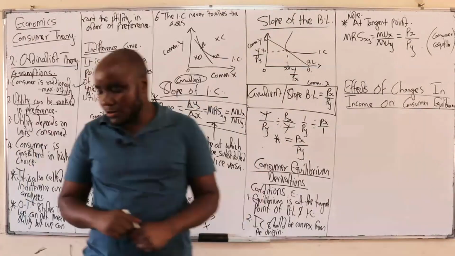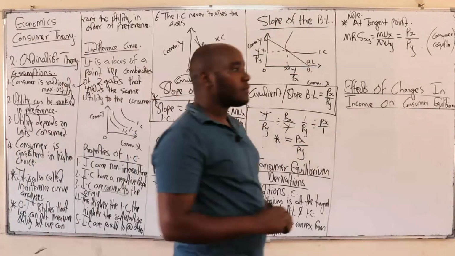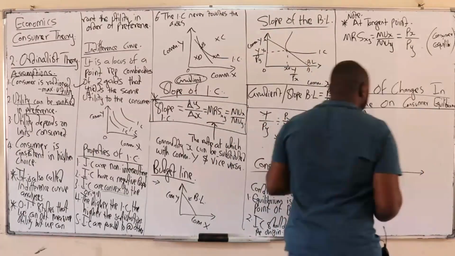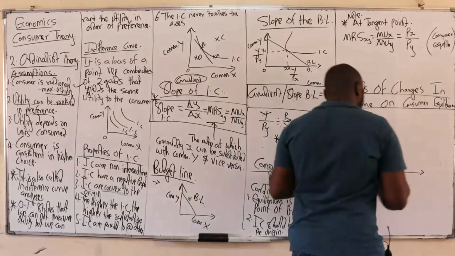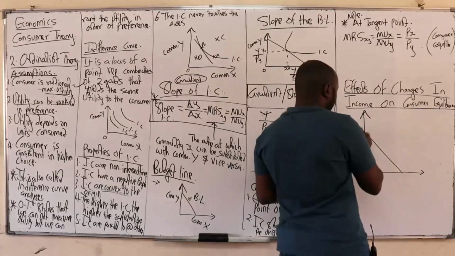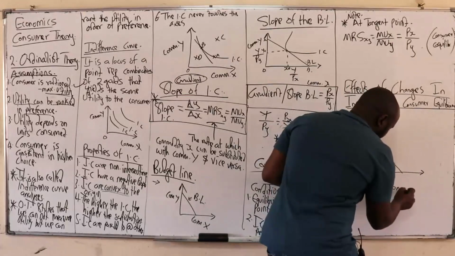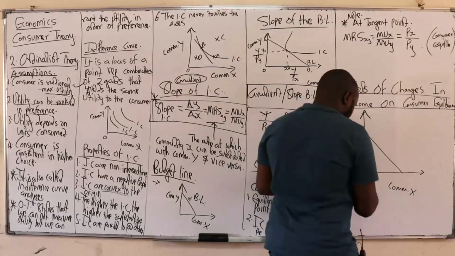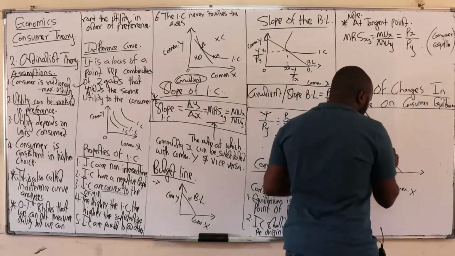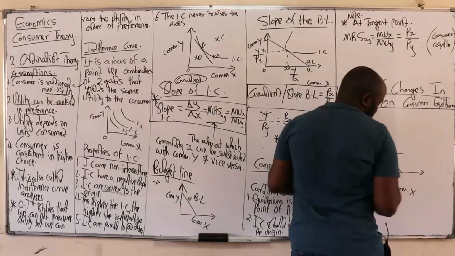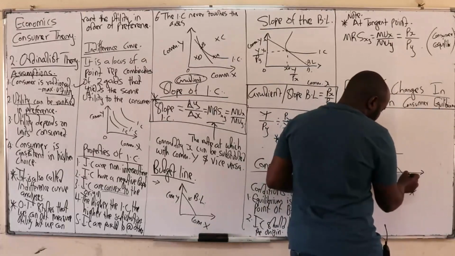So assuming we have commodity Y and commodity X. And this is 0. This is our indifference curve, and this is our initial budget line, BL0, IC0.